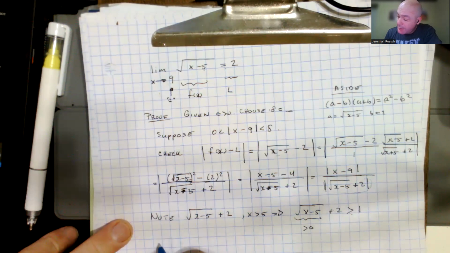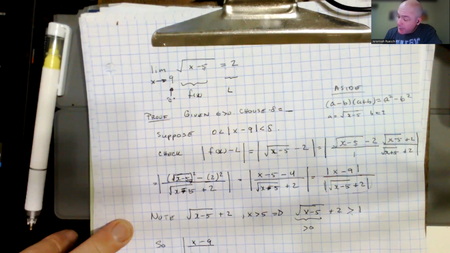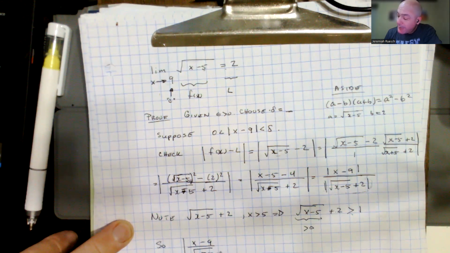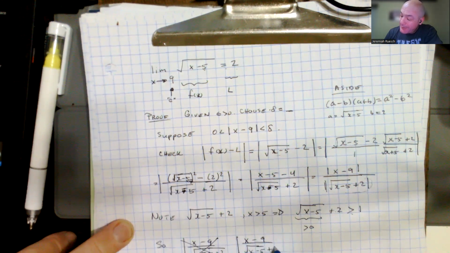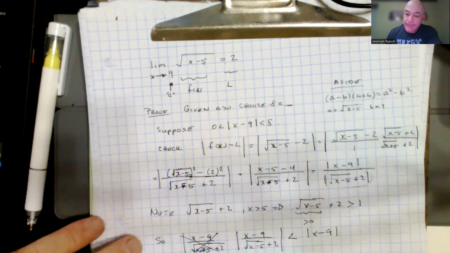So the absolute value of x minus 9 over the square root of x minus 5 plus 2 is going to always be strictly less than the absolute value of x minus 9. Okay. All right.